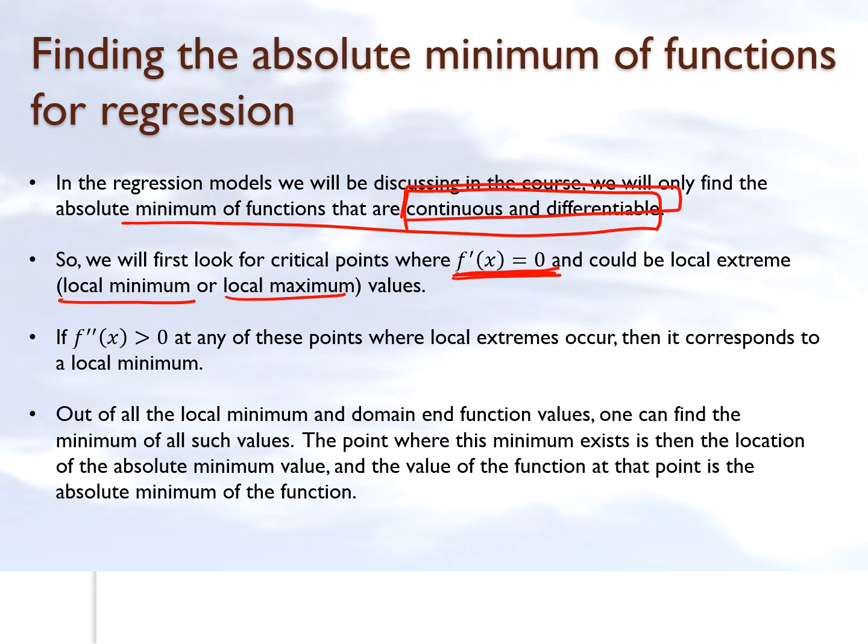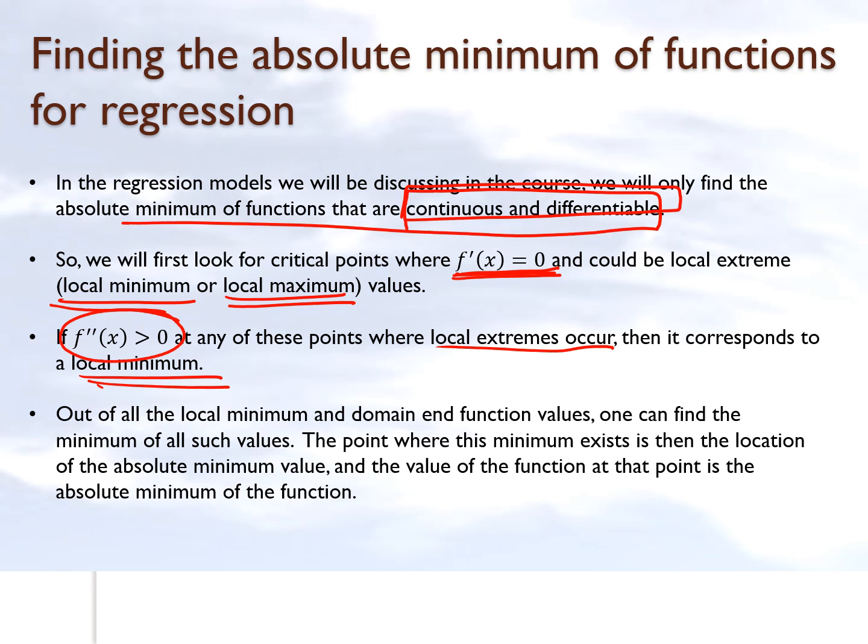So there are three possibilities: it's a local minimum, a local maximum, or an inflection point. Now, if we take the second derivative and it turns out to be greater than 0, then we know that the critical point corresponds to a local minimum. But that's not the only thing.